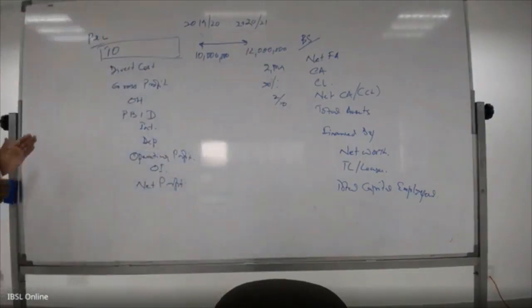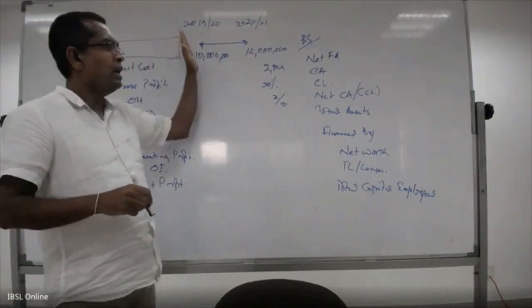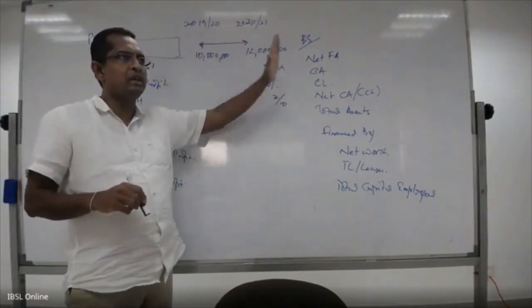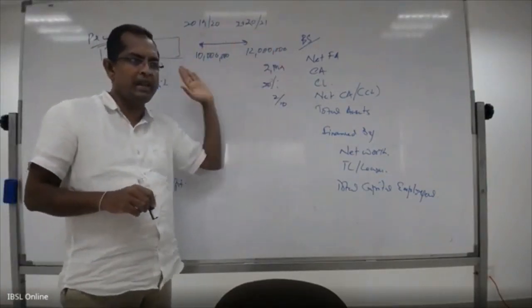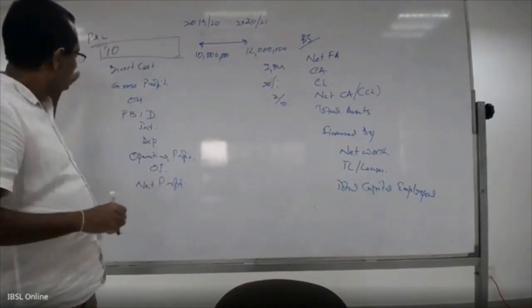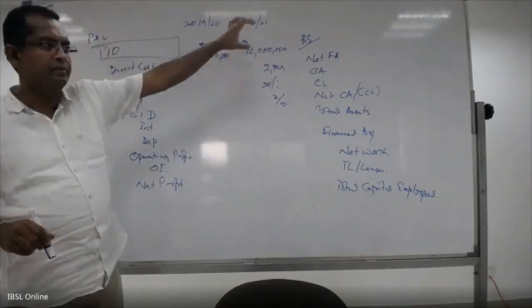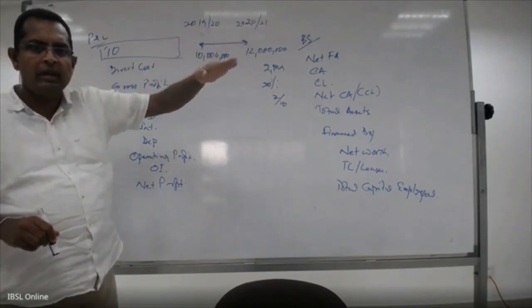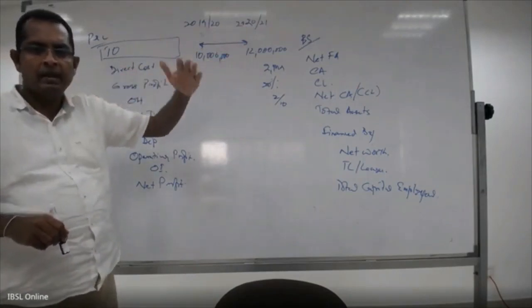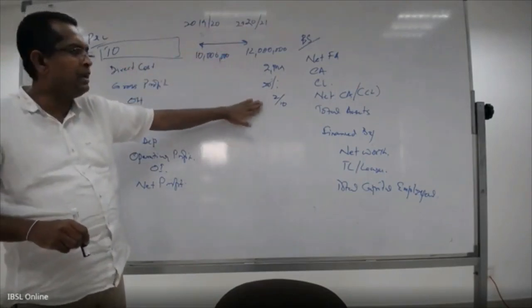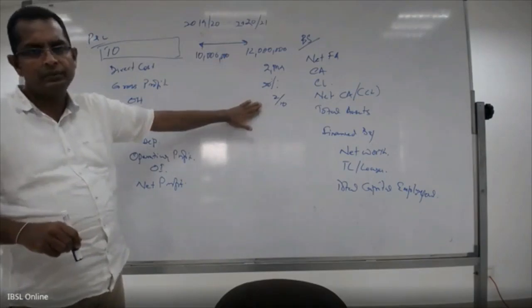Right? Horizontal analysis means we are comparing two financial periods or financial dates, one single item. Horizontally, we are comparing. It can be rupee value or it can be percentage value.